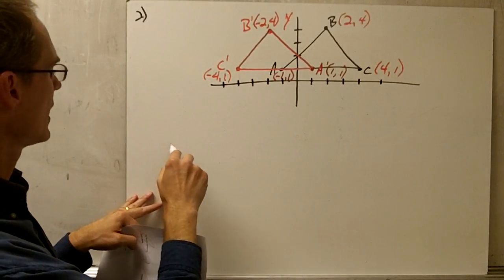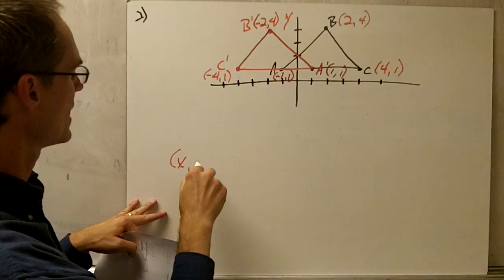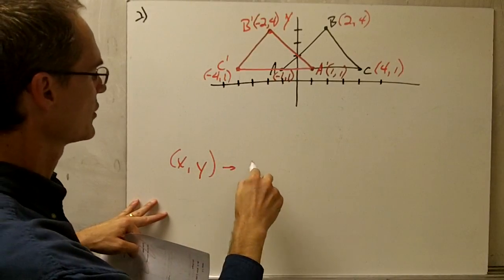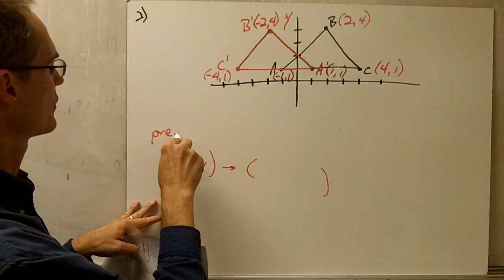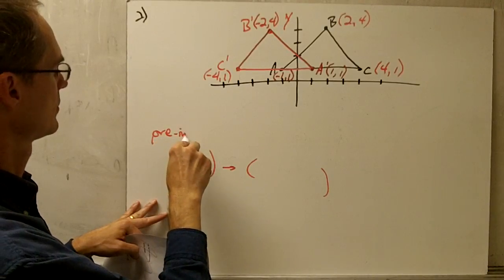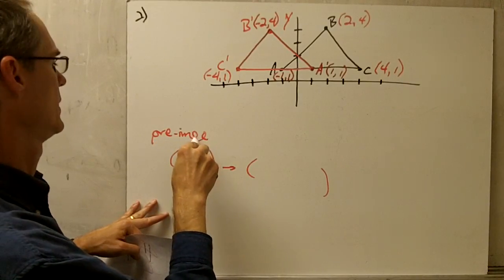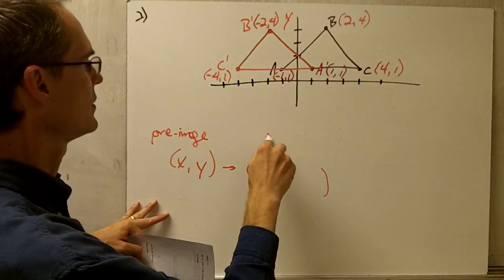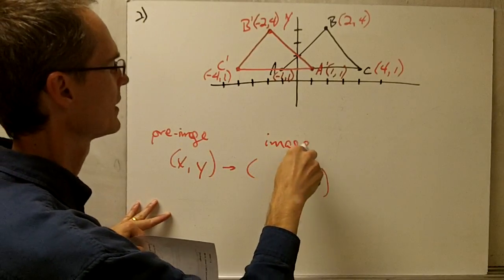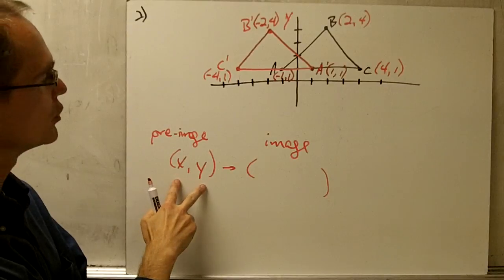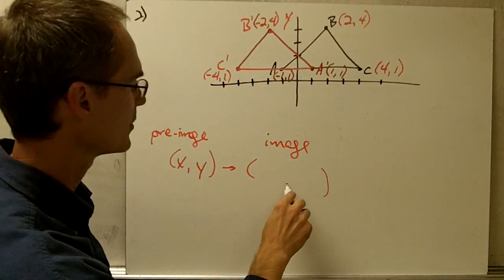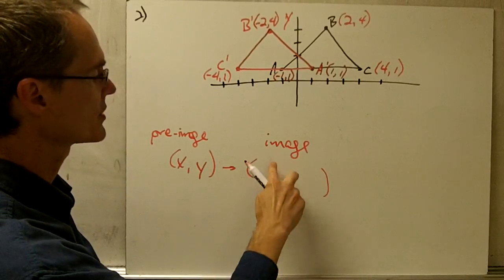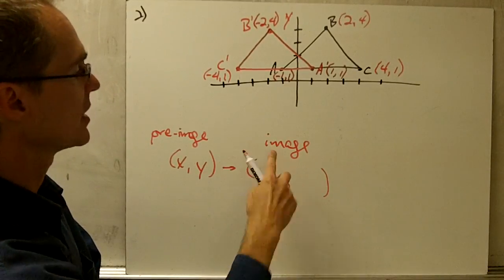So now I shouldn't have too much trouble coming up with my algebraic rule. Here are the coordinates for my pre-image, and these are going to be the coordinates for my image. So what do I need to do to my x and y coordinates in order to turn them into the x and y coordinates of my reflected image?